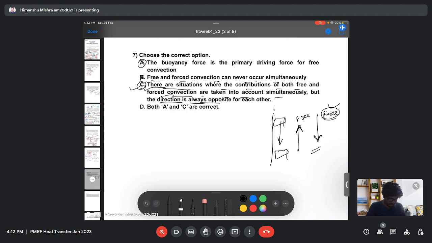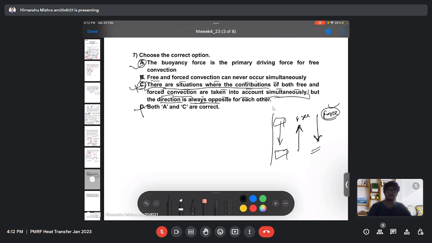The first part of the statement can be correct because they can occur simultaneously, but it is not necessary that they are in the opposite direction. It can be in the same or in the negative direction. So based on the upper options, D is also an incorrect option. So A is the correct option for this problem.